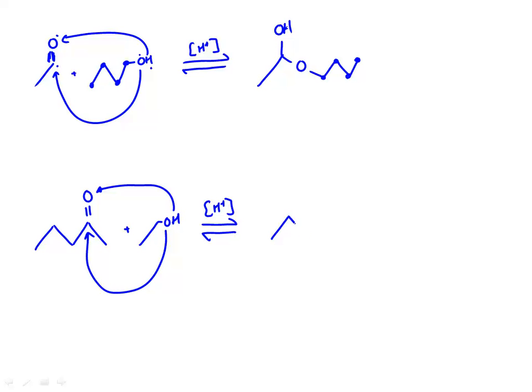I end up with an OH on one side and an oxygen to 2 carbons on the other side. And so this is a hemiacetal and a hemiketal. You can tell that it's the acetal if there's a hydrogen there, right? And you can tell it's a hemi because it's an alcohol and an ether on both of them. So these are the hemis.